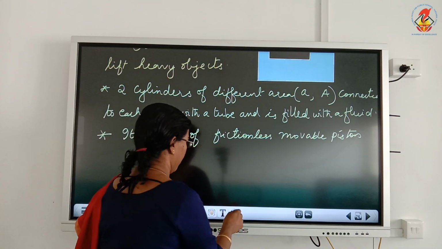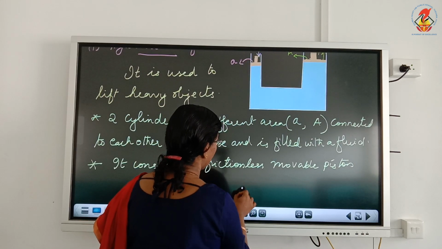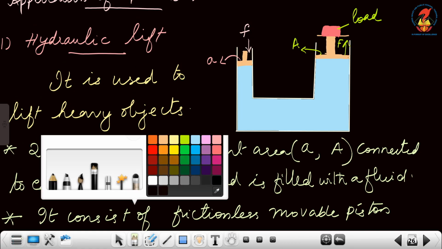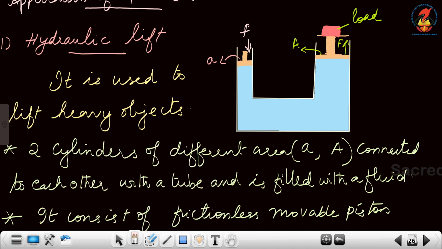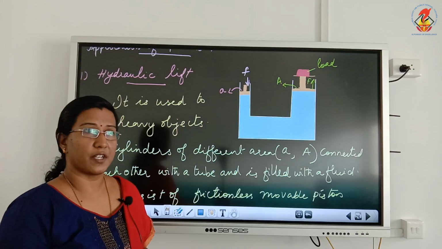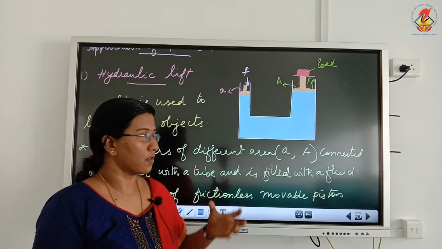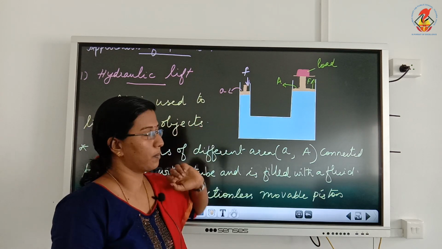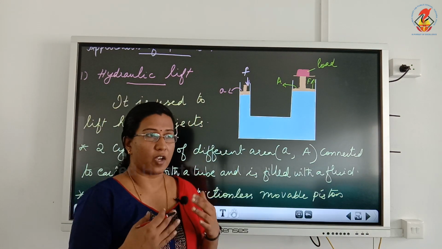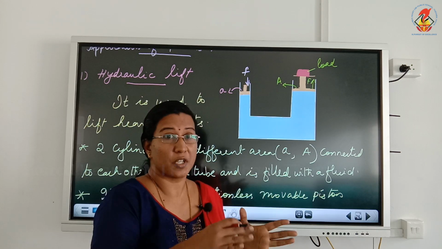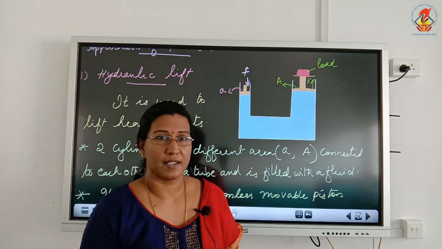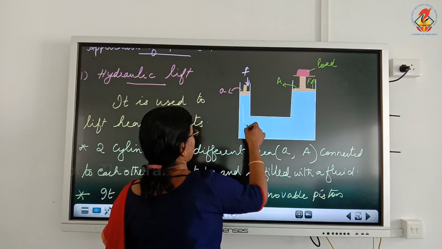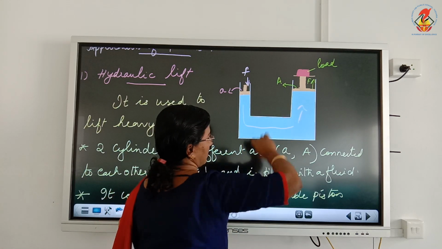force is being applied. Now the basic working of a hydraulic lift is, imagine I am applying an amount of force small f on this side of the piston. So force applied to an area is what we call pressure. So pressure is acting on this side of the piston and the piston moves down. Now according to Pascal's law, this pressure is being transmitted to the fluid inside the cylinder, and the pressure will be transmitted equally in all directions.